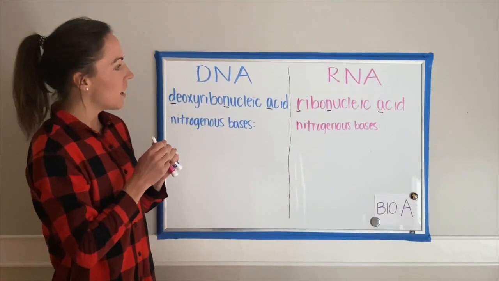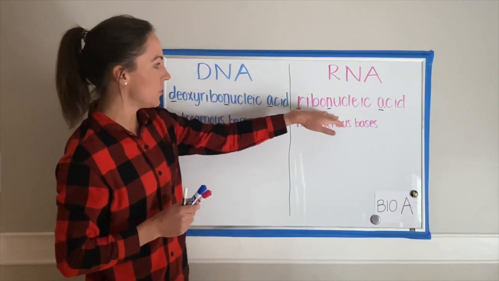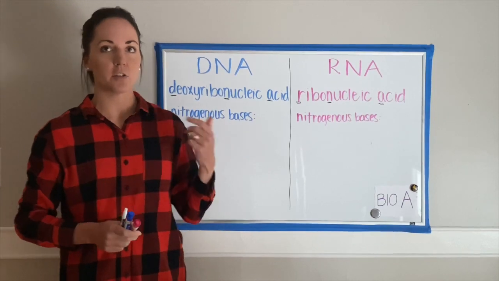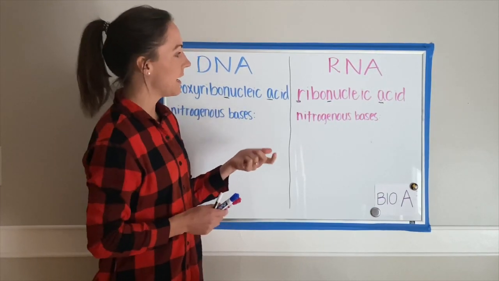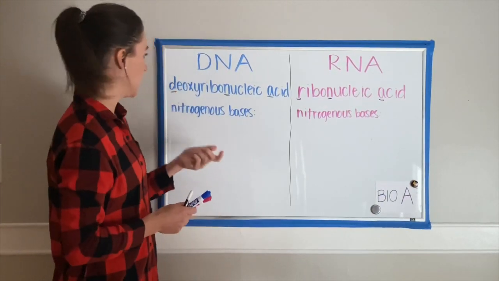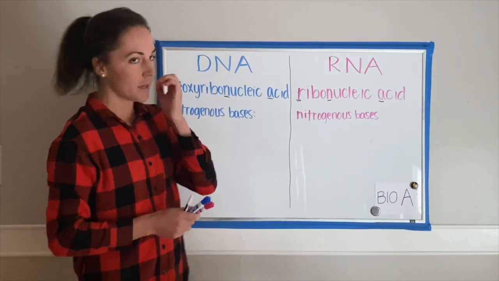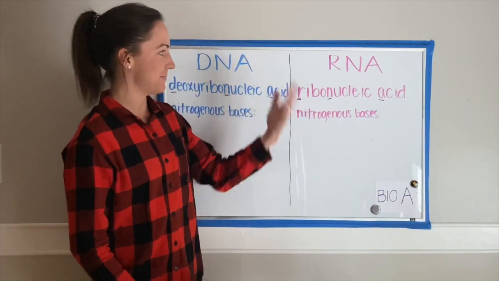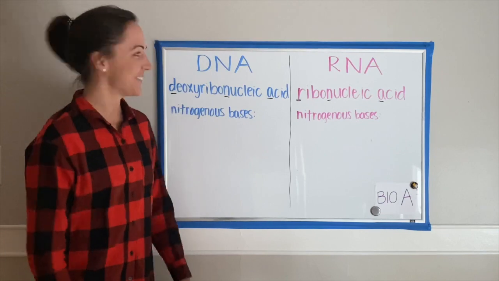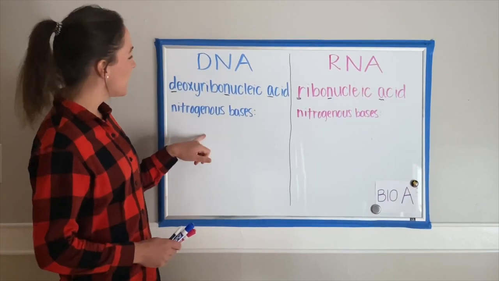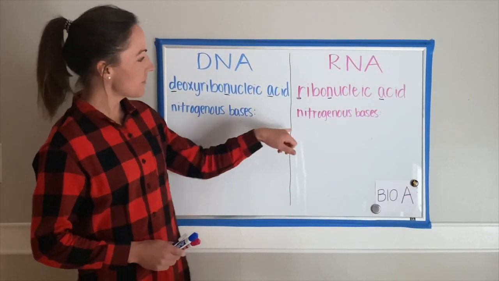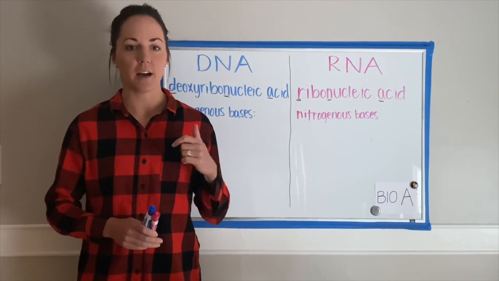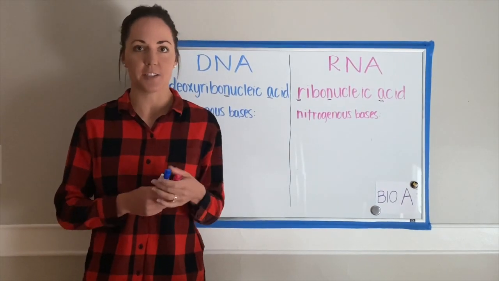The reason it's called ribonucleic acid is because the sugar involved in RNA is called ribose instead of deoxyribose. And so that's what this stands for.